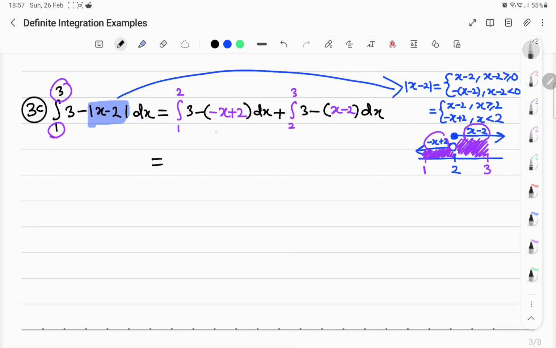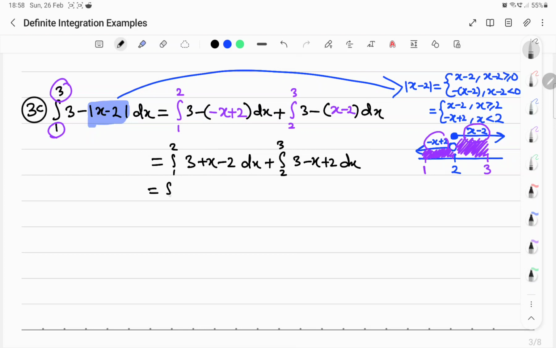Let's expand whatever brackets that we have. 3 plus x minus 2 dx, integrated from 1 to 2, plus 2 to 3 of 3 minus x plus 2 dx.